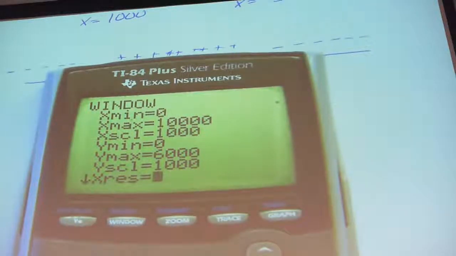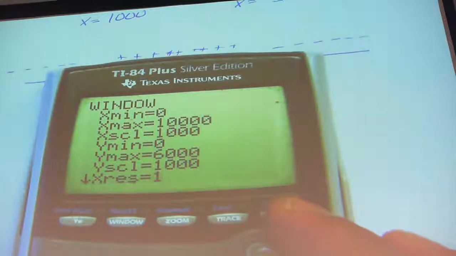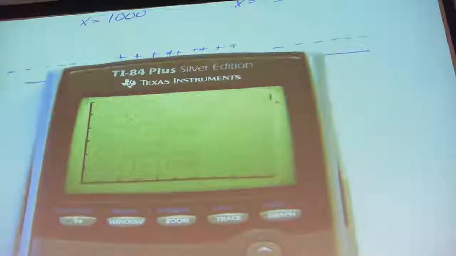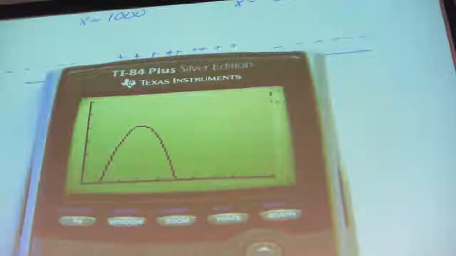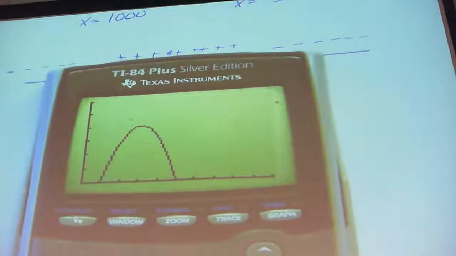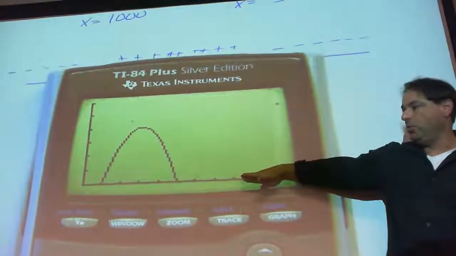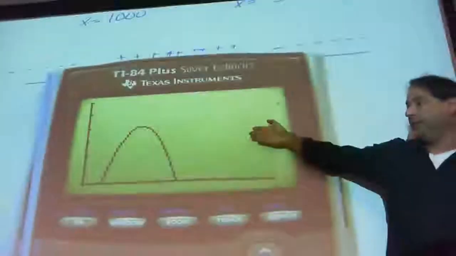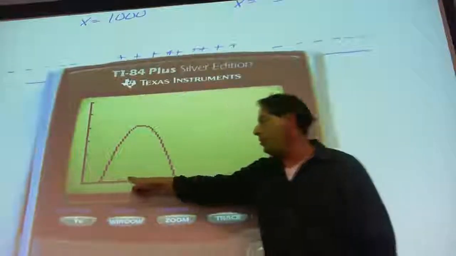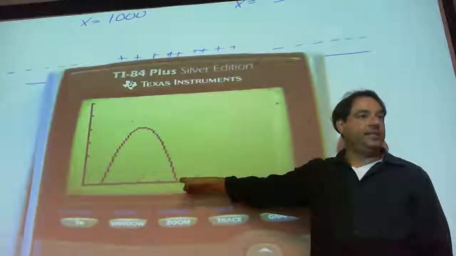And again, let's talk about it. If you graph it, okay. First of all, this is 0. When is my graph above 0? From 1,000 to 5,000. Does that make sense?